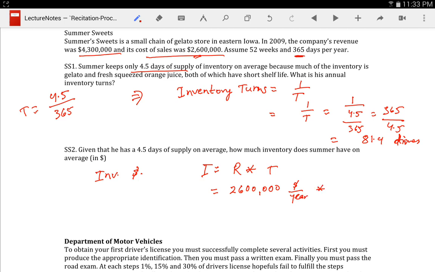Now we want to find our T. Again, remember, given our rate is in terms of year, we have to have our T in terms of year too. That is 4.5 divided by 365. That's our T. Well, you do the math, it comes out to be $32,054. So at any given time, you have $32,054 worth of inventory in his shop.